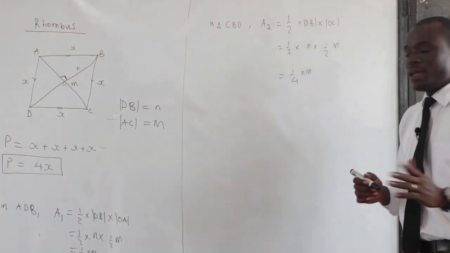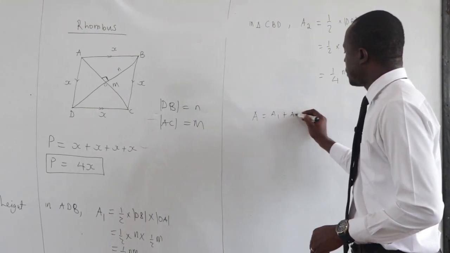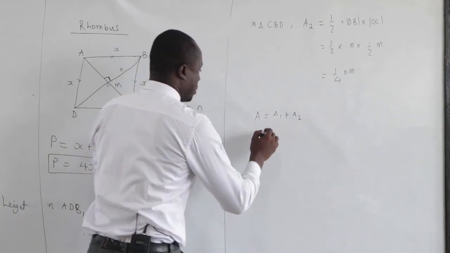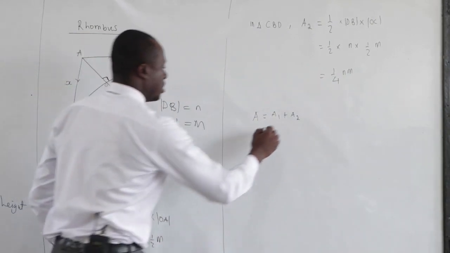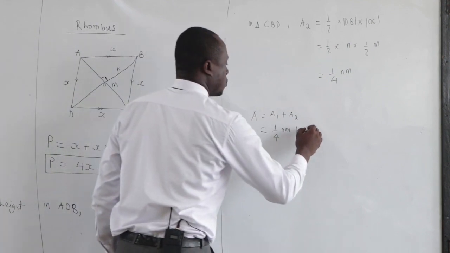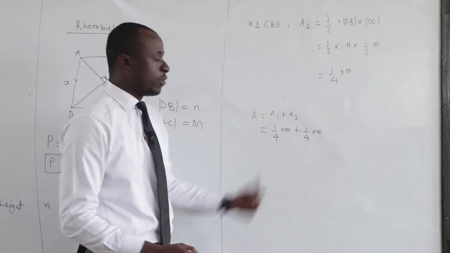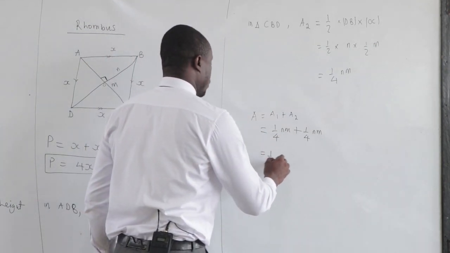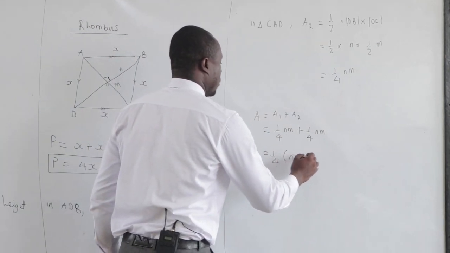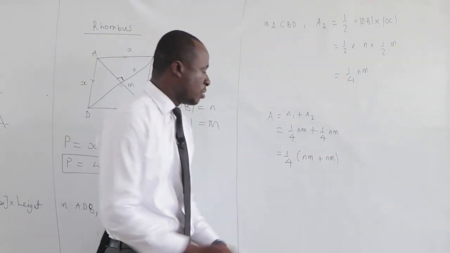We want to find the area. So the area is A1 plus A2. Now what is A1? Our A1 is 1 over 4 NM. What is A2? That is 1 over 4 NM. Clearly we can factorize the 1 over 4 out. What do you have? NM plus NM, that is 2 NM.